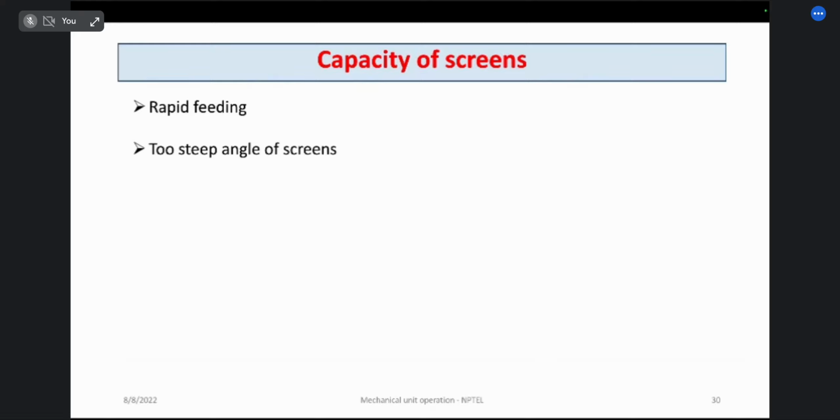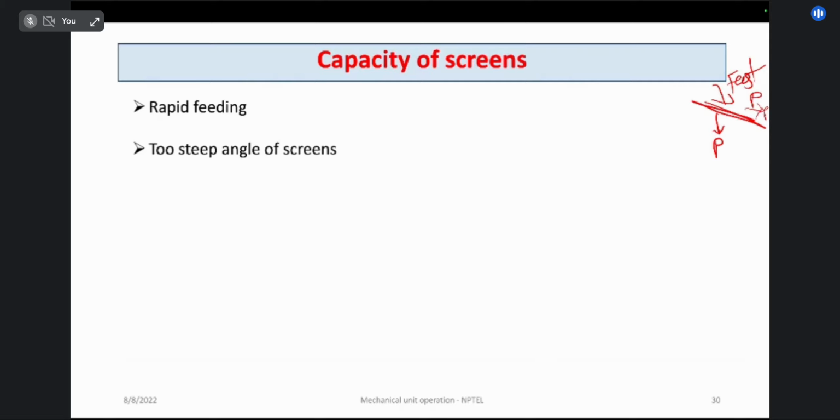Consider this is the screen: if you feed the material very fast, there is a chance that your undersized material, which is the product, can go here. It must be that your product is undersized and needs to go here, but some part or a major part of the product can go into the screens, and blocking and everything can happen if you go for a very rapid rate.